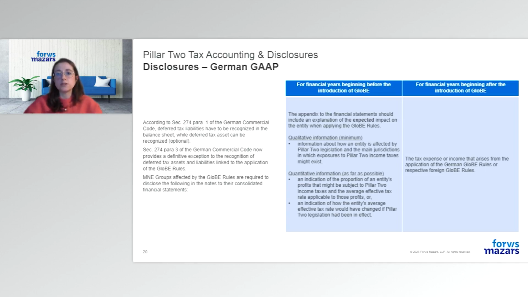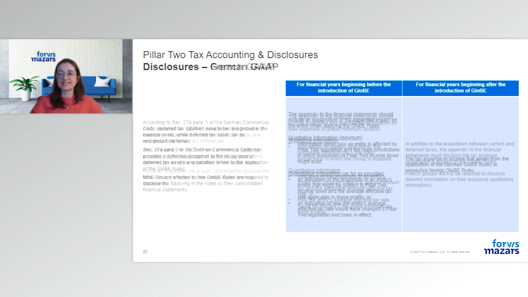And for financial years beginning after the introduction of GloBE, the tax expense or income that arises from the application of the GloBE rules is to be disclosed. So this basically goes with the IAS amendment. They just included it into German law. And I will hand over to Laura, who will speak about the French amendments.